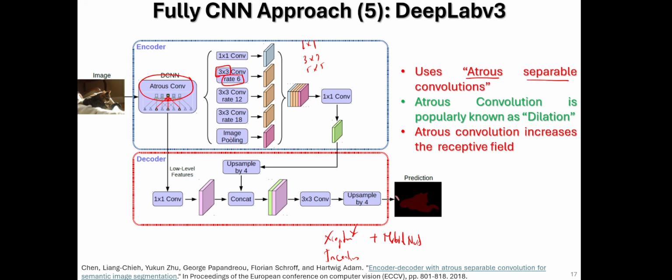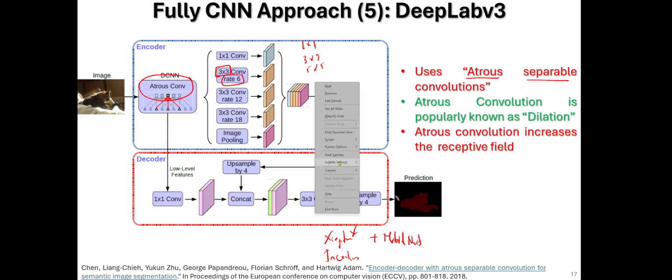We'll see what dilation is in the next slide, but it is something like expanding the size of the kernel through this operation. That's why we call it Atrous convolution. And this is done in a single stage, that's why it's inspired from Inception. It's like an Inception module. And then depth convolution, or group convolution, is used to reduce the complexity, which I'll explain in the subsequent slides.